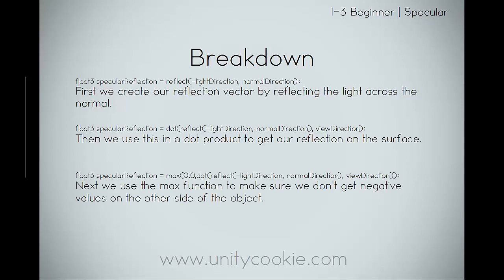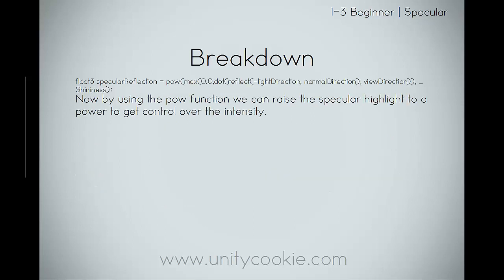What we do next is we use the max function to make sure we don't have negative values on the other side of the object, just like we did with the Lambertian model. Now, by using the power function, we can raise the specular highlight to a power to get control over the intensity. So we're taking our new dot product, which has been taken in by that max function, and we're taking it to the power of a predefined value, shininess.